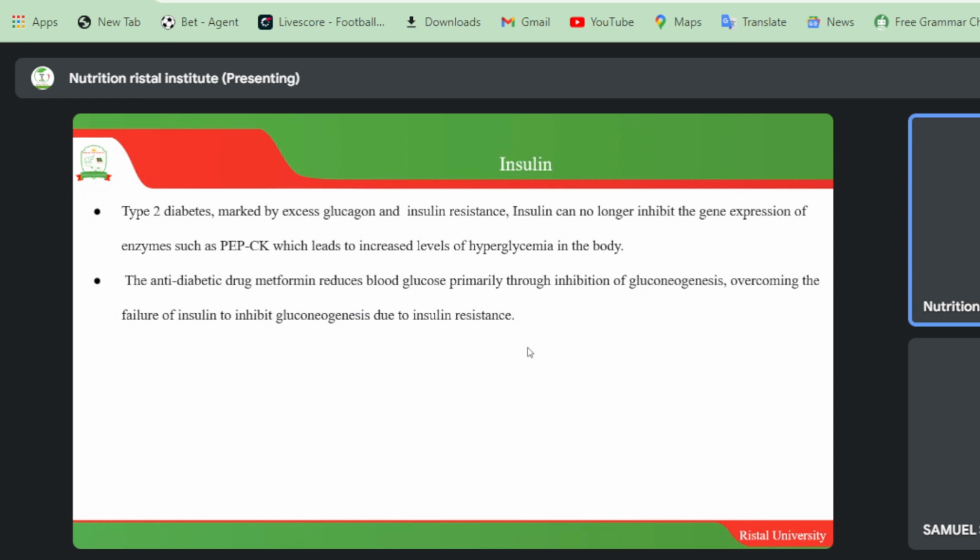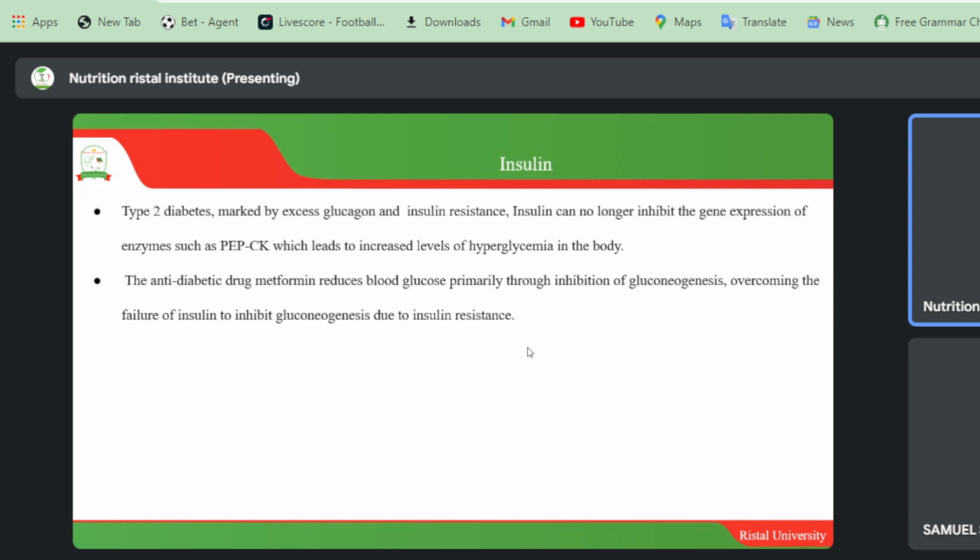So, since your body can no longer produce insulin or is resistant to insulin, there will be high levels of glucose in your body.